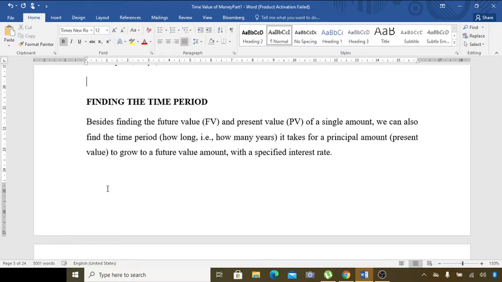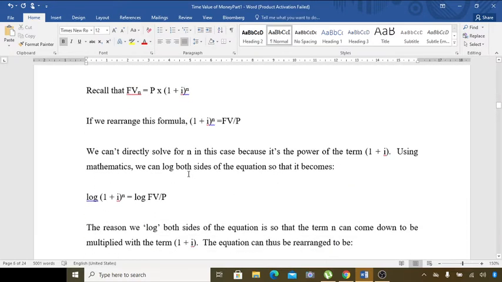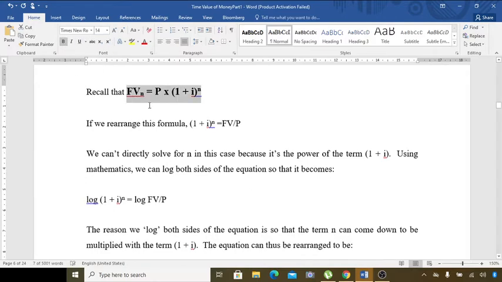So let's look at this. Recall our basic formula, an important formula: future value is principal times (1 plus i) to the power of n.